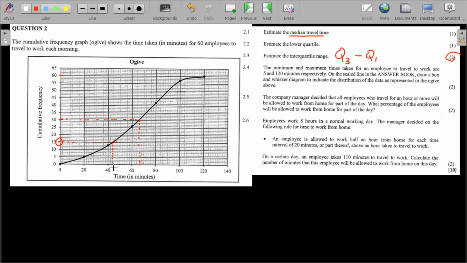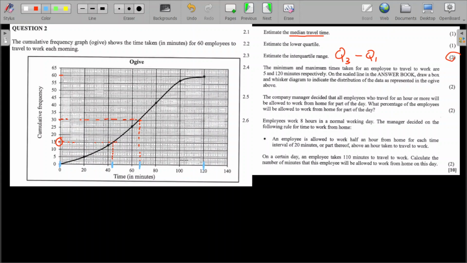Now the ogive is based on what was happening here. This is going to be my lower quartile, my median is going to be this one, obviously my maximum is going to be this one here, and my minimum obviously is going to start here.